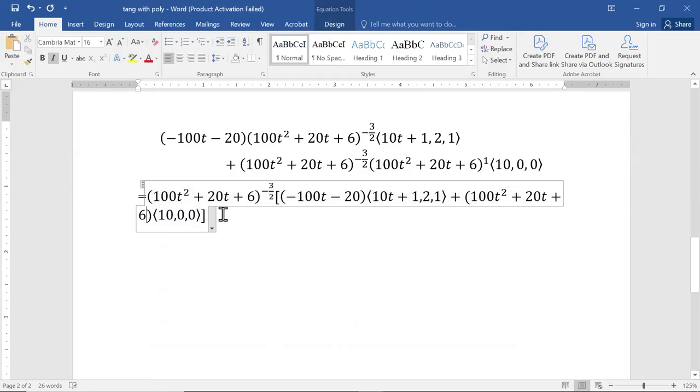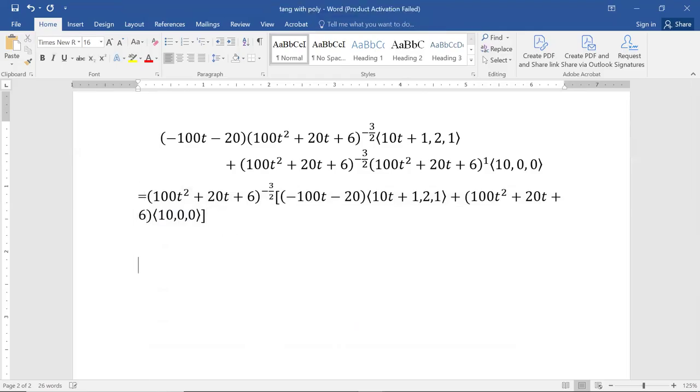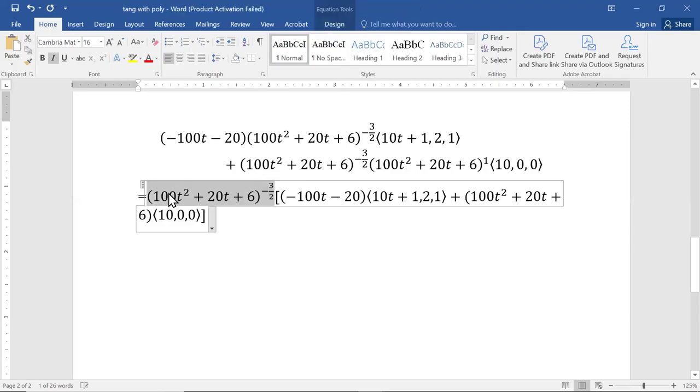And now I can create some sort of a u vector in the same direction, and I can kind of ignore this. So this is my T prime rewritten.